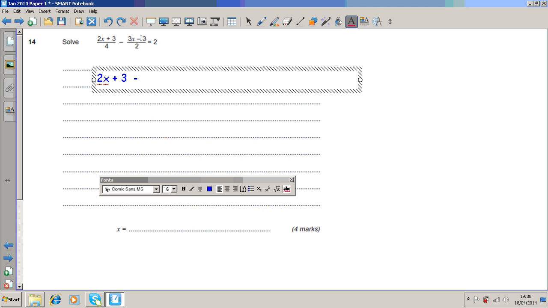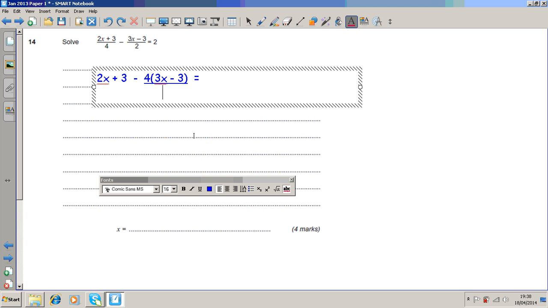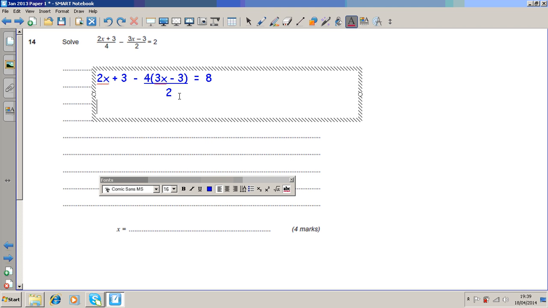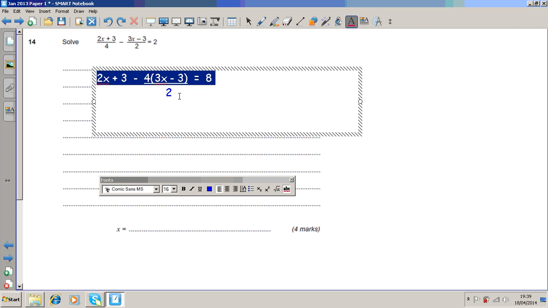If I times this term by 4, then it's the same as just timesing the top numbers by 4. And that stays over 2.